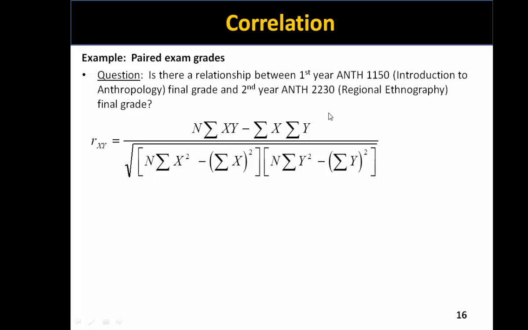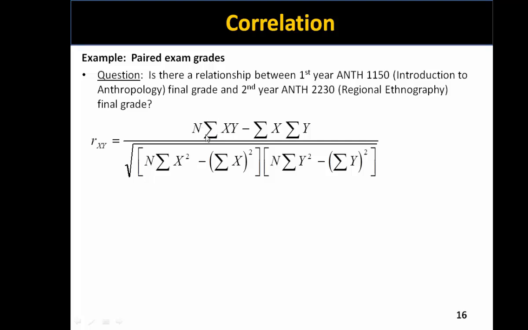So when tackling this equation, what we want to do here is focus on each of the variables one at a time. So if we start with the numerator, we see n. N refers to the number of paired scores. And in our example, we had 7 paired scores. So you would just put a 7 here.